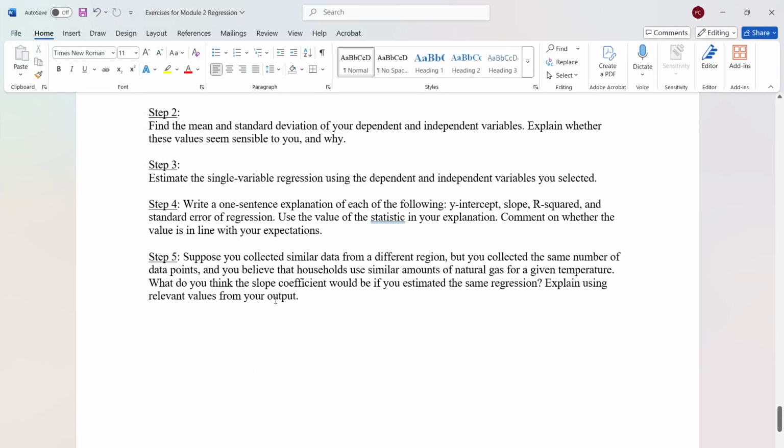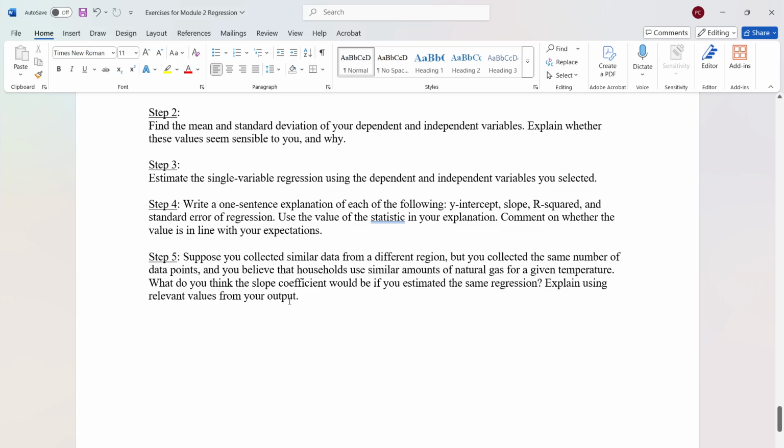Question 5. Suppose that you collected similar data from a different region, but you collected the same number of data points, and you believe that, oh no, is this one of those 3 magical things questions? You believe that households use similar amounts of natural gas for a given temperature. What do you think the slope coefficient would be if estimated the same regression? Explain using relevant values for your output.